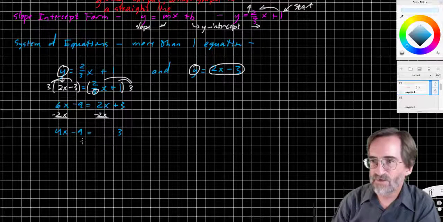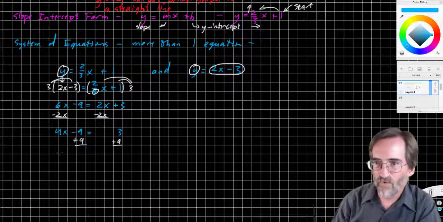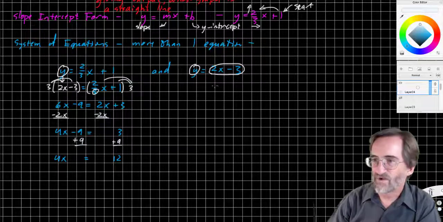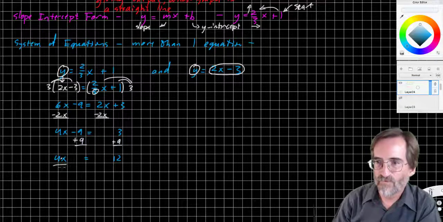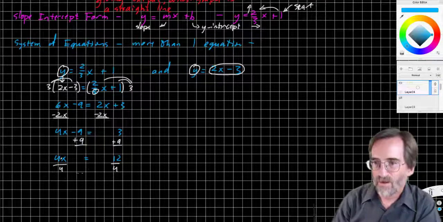Add 9 to both sides. We get 4x equals 12. Oh, that's going to come out even. Lucky. Divide both sides by 4. And x equals 3.